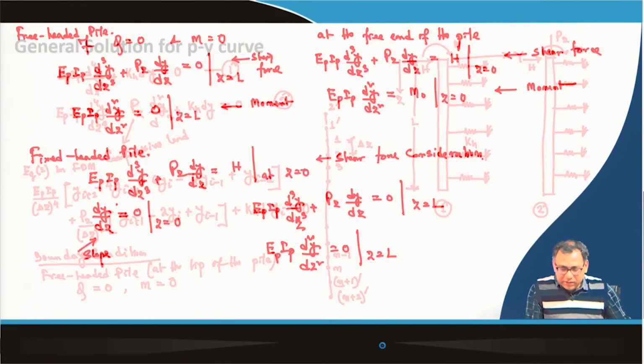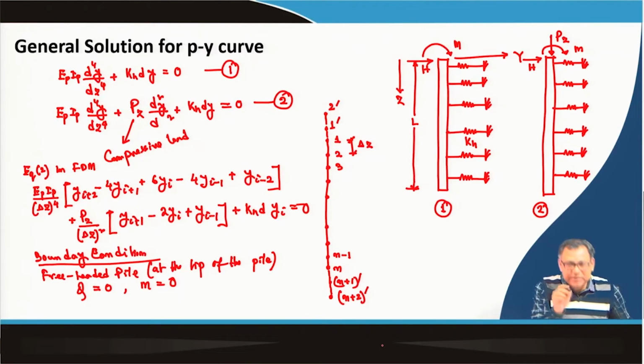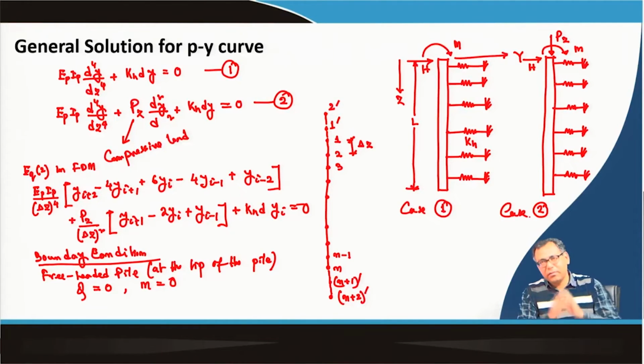And another thing I want to mention, that if you put pz equal to 0, then everything will be converted to equation number 1, or your case number 1, here it is case number 2. So, case 2 is the most generalized solution, where we have taken into consideration the compressive load along with the lateral load.